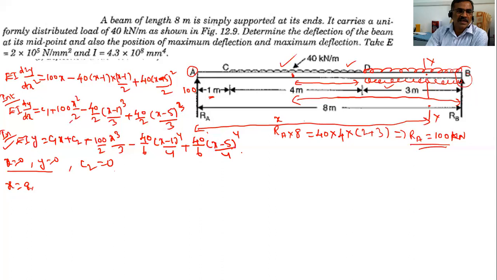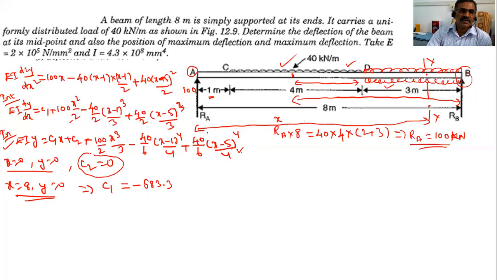When x is equal to 8, y is equal to 0. This boundary condition you have to substitute in this equation. If you substitute, you will get the value of c1. What is the value of c1? c1 is equal to minus 583.3. So now we got the values of c2 and c1.